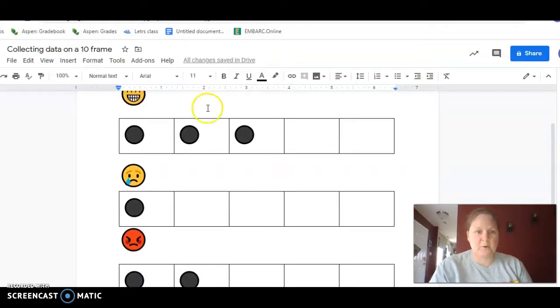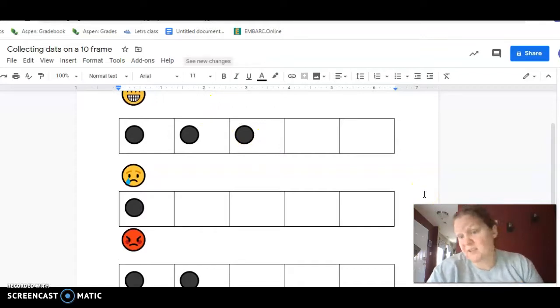Look at our pictures. Now, we can figure out some answers to some questions based on the data we collected. First of all, who can tell me how many people were feeling happy today? So I would go to my picture and count: 1, 2, 3. 3 people were feeling happy.